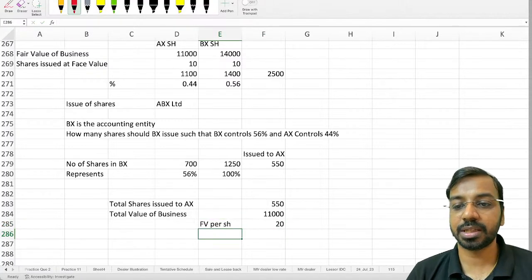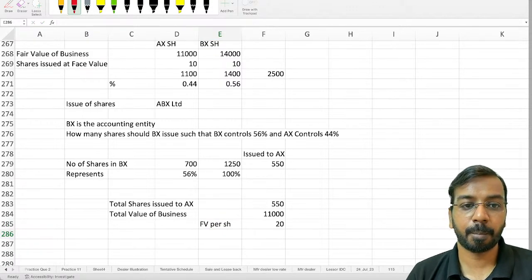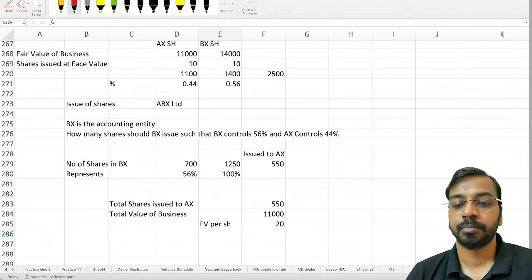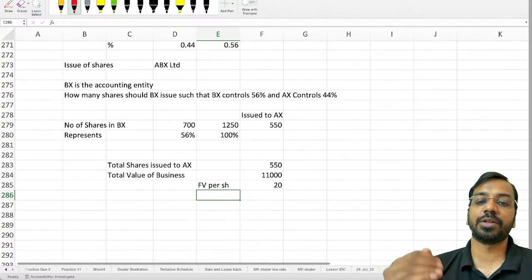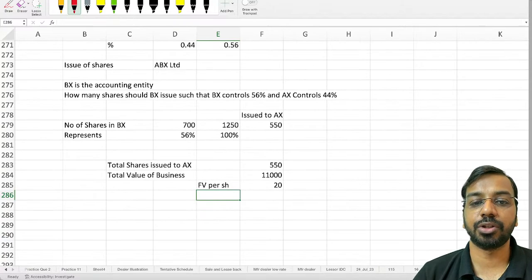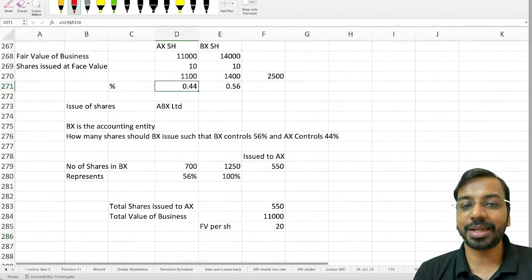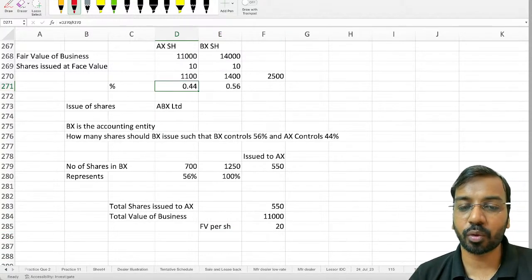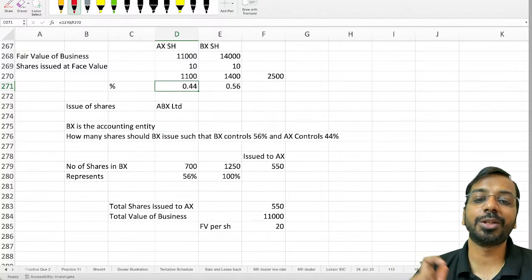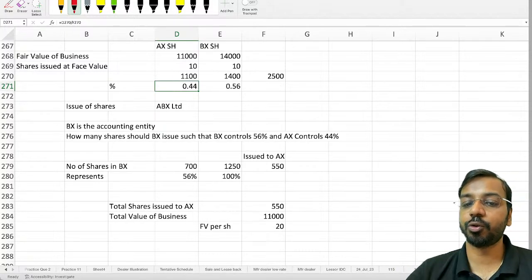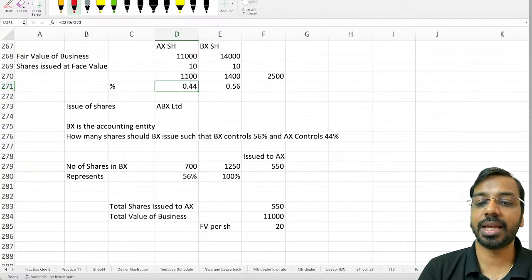Are we clear with this? Any question here? So this is the step-by-step approach to follow when there is a reverse acquisition. First, check what should be the percentage controlled by the accounting acquirer and the other entity. Second, how many shares should the accounting acquirer notionally issue to the other entity such that the controlling stake doesn't change.